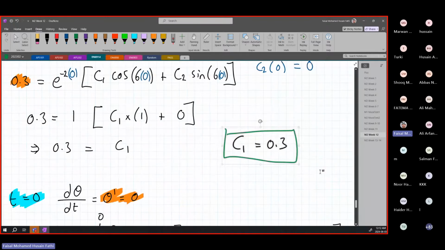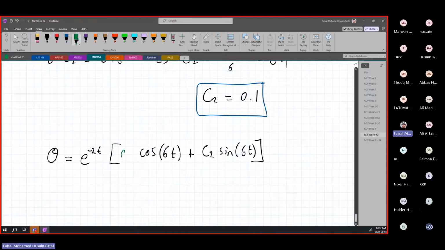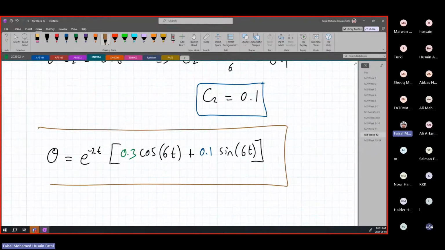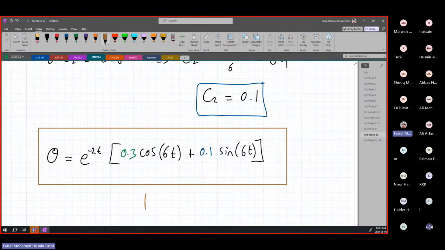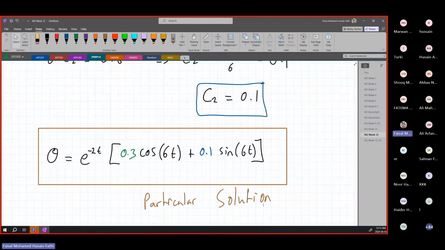So here we have C1, which is 0.3. So we remove this. We put 0.3, which is our C1 value. And our C2 value is 0.1. This is known as our particular solution. All right? Is this clear?